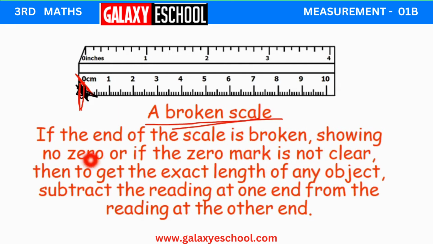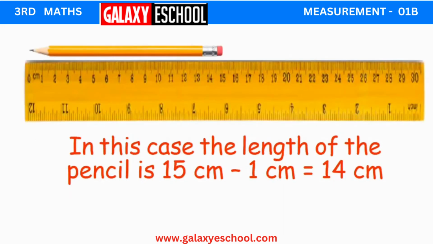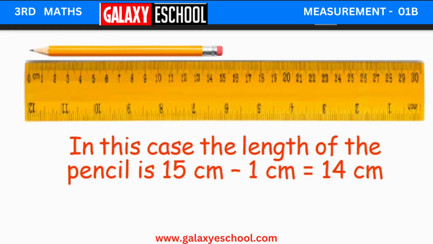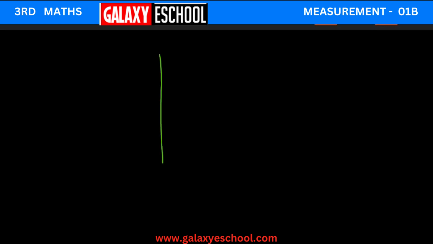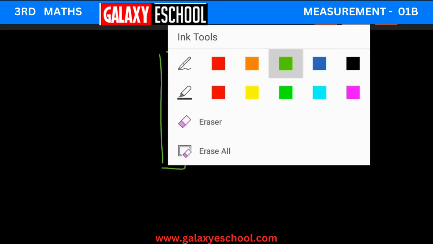If the end of the scale is broken showing no 0, or if the 0 mark is not clear, then to get the exact length of any object, subtract the reading at one end from the reading at the other end. Now what will you do, children? Suppose you have a scale like this, sorry, let us draw again.